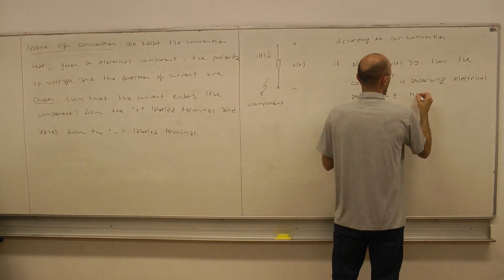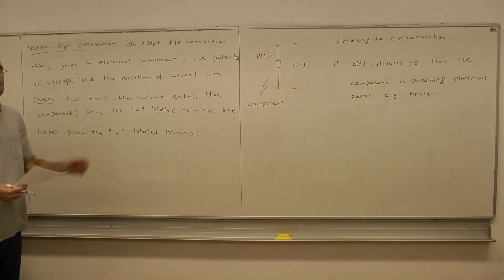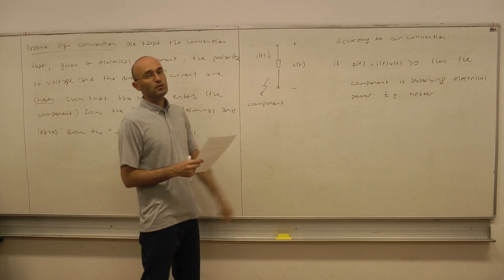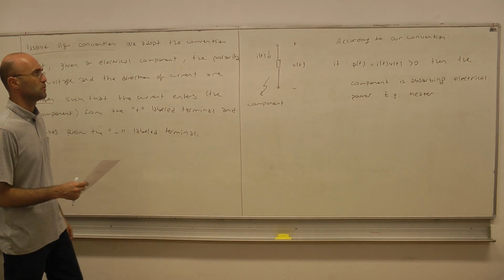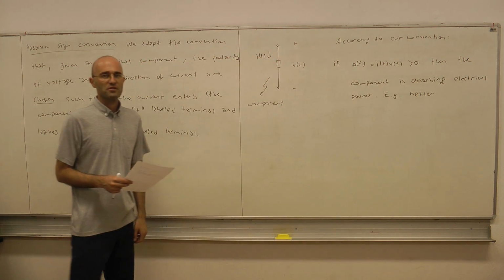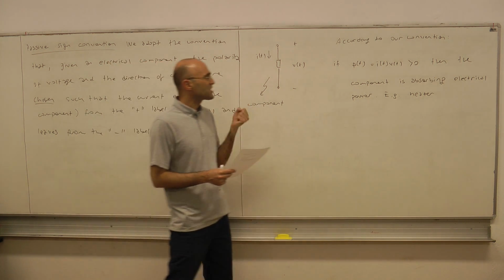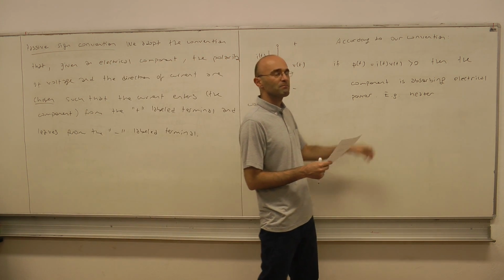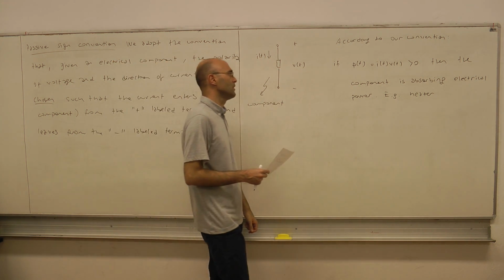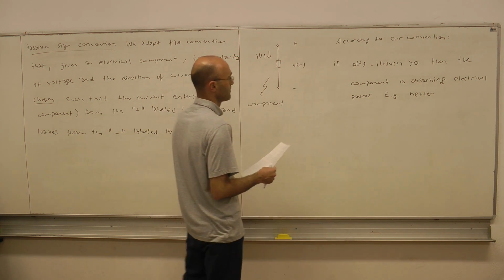Example, your toaster. You put your bread in it and you press the button, and if you compute the current and voltage for that toaster, you'll see that at any given time the product is always positive. That is, what the toaster does is it absorbs electrical power from the network and transforms it into heat, some other type of power.